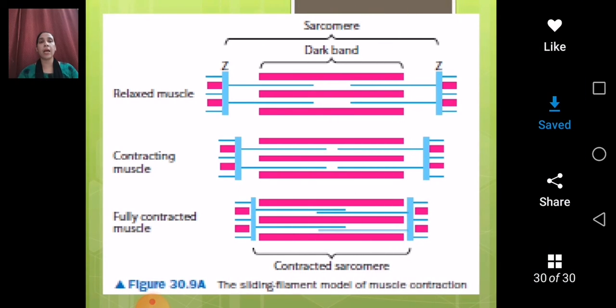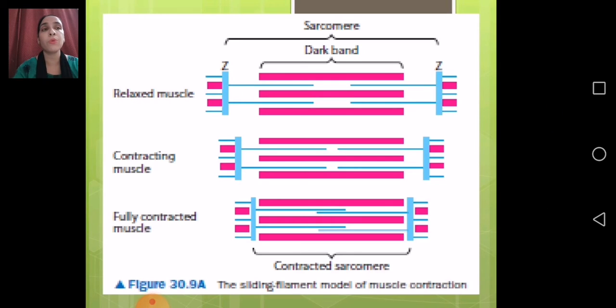Now, you can find relaxed muscles in this diagram, then contracting muscles, then fully contracted muscles. That is why you can feel the muscles in your upper arm. Why is it so? Since the muscles are contracted or placed over there only. So that is the dark band, then the contracted sarcomere.